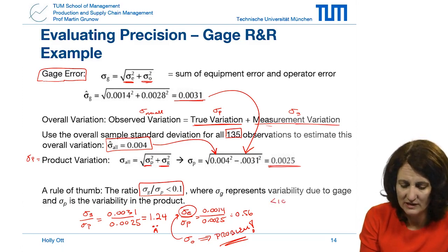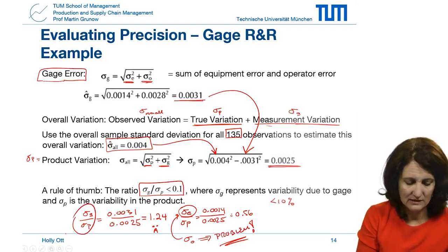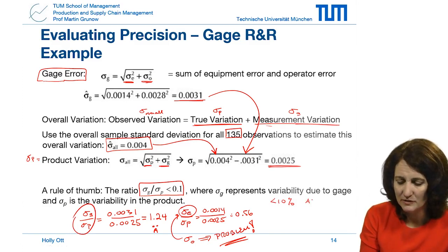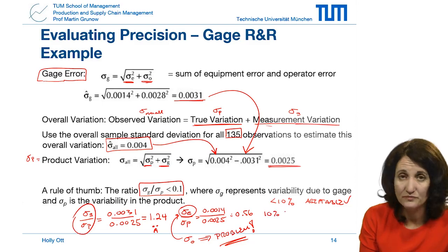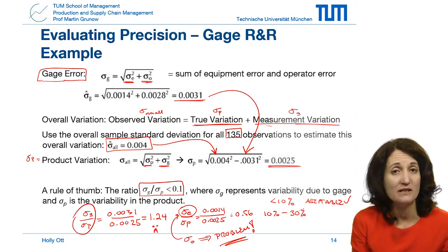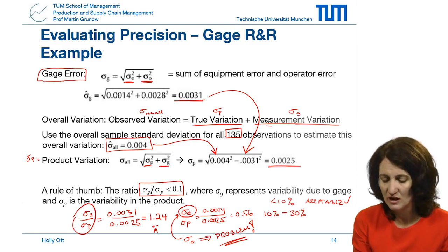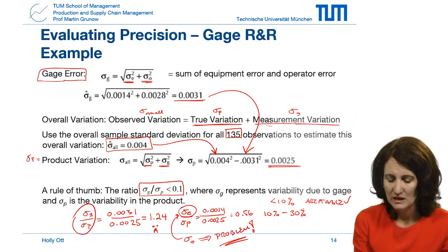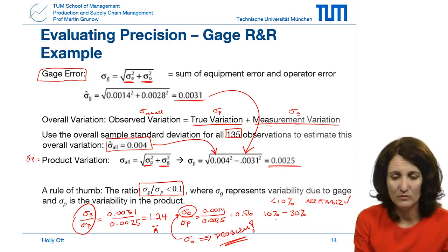And just again, I'm just going to write this down. If you have less than 10% sigma gauge over sigma p, then you can say this is acceptable. Acceptable. So good. If you have the ratio between 10% and 30%, well, it may be acceptable based on the application. You need to check the cost of the measurement device. Maybe you need to make some improvements in it. So that's maybe a more gray area.